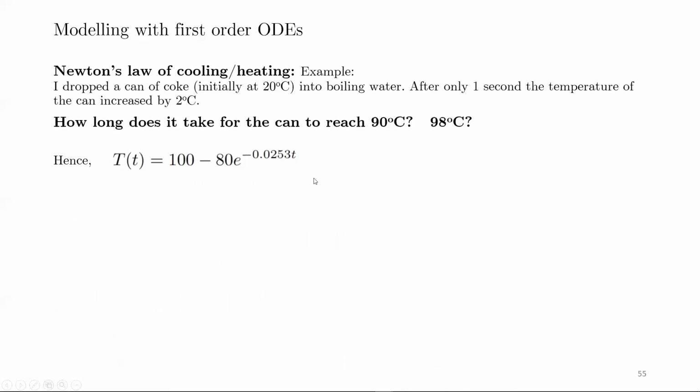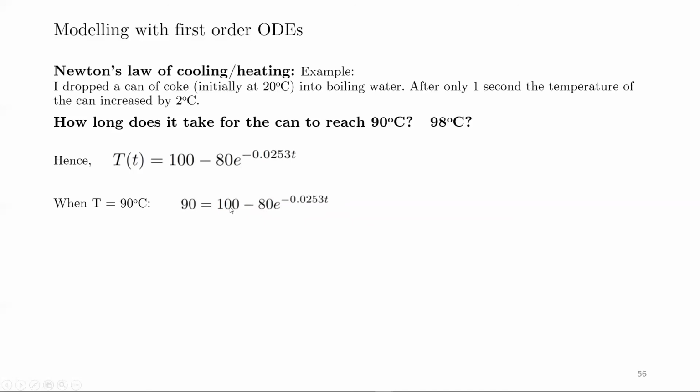Okay, so if this is our solution to our differential equation, we want to know when temperature, capital T, equals 90, what is time, little t? So substituting in the left-hand side, temperature equals 90. Again, we're just going to rearrange this equation for little t.